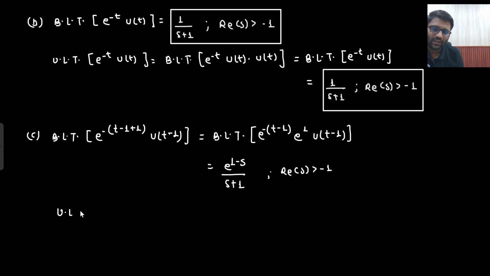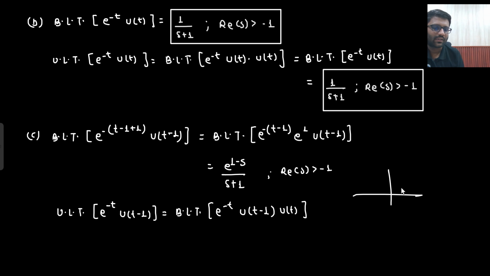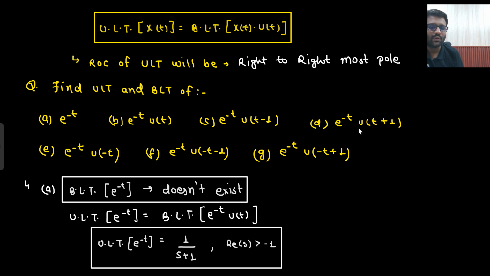And what about the unilateral Laplace transform of e to the power minus t u of t minus 1? That would be the bilateral Laplace transform of e to the power minus t u of t minus 1 into u of t. What would that answer be?